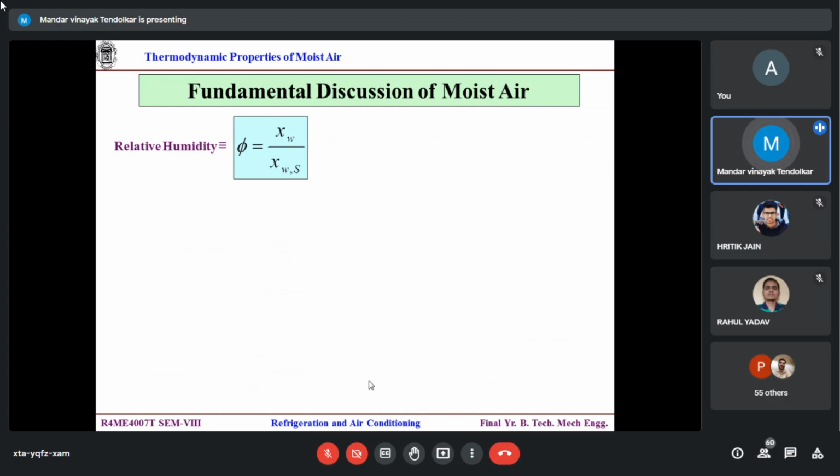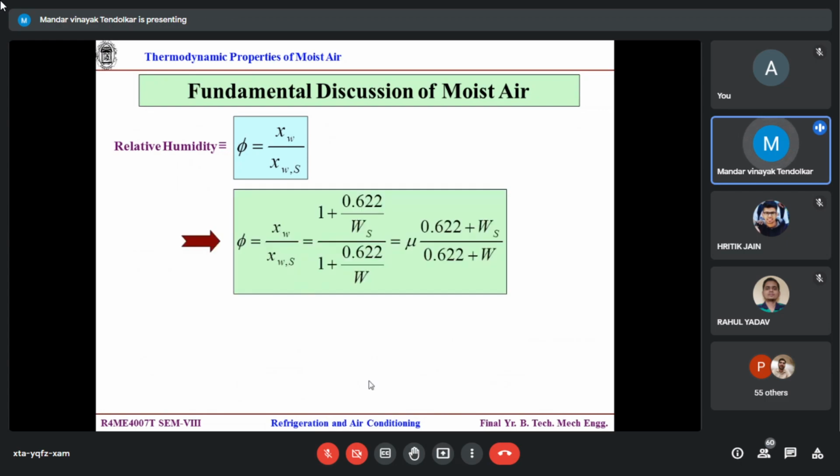So relative humidity, now if I want to get rid of this mole fraction, where do I calculate it from? So I convert it suitably with some mathematical formula given by Ashray in terms of the humidity ratios, W and WS.